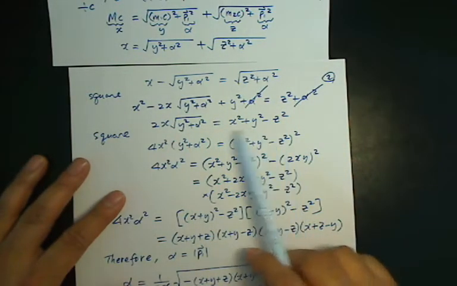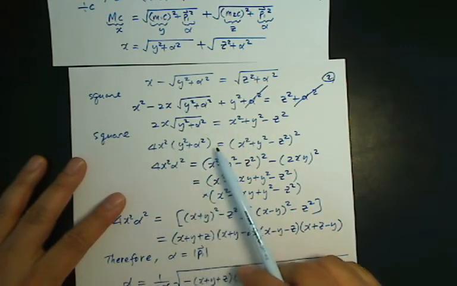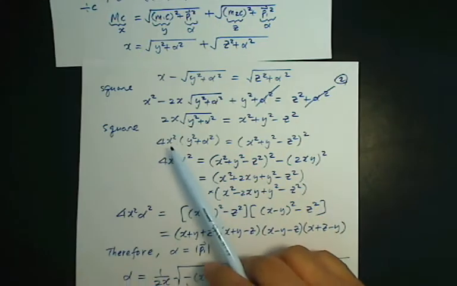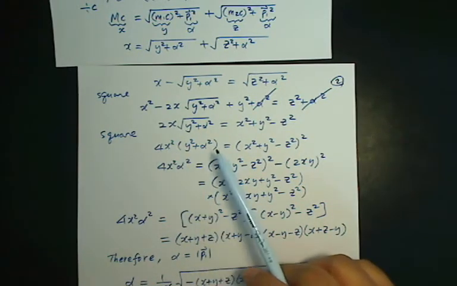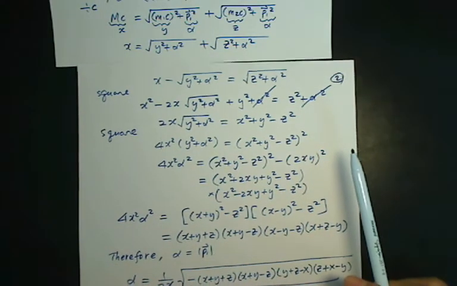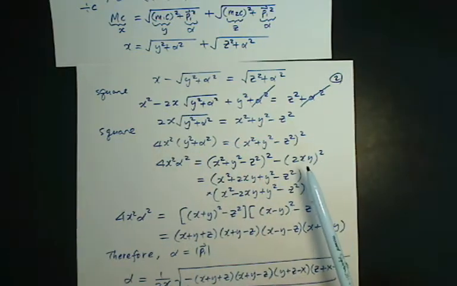That is this. Now we take another square. This gives 4x squared y squared plus alpha squared equals the square. We can move this 4x squared alpha squared to the right side: 4x squared y squared, that is the square of 2xy.